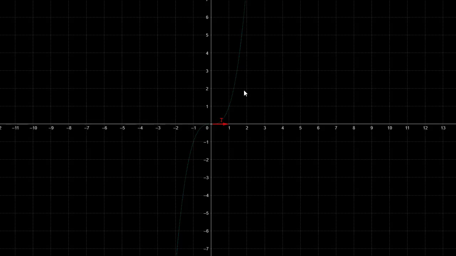Whereas one step behind, it's still pointing down because that's the direction of turning. Okay, so that is what the normal vector does.